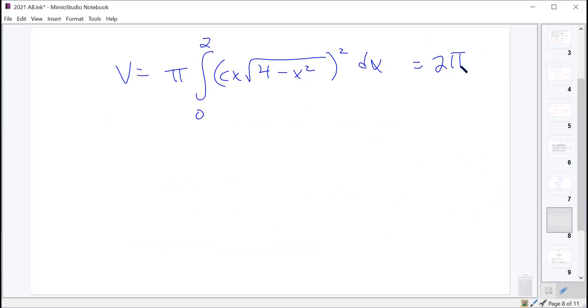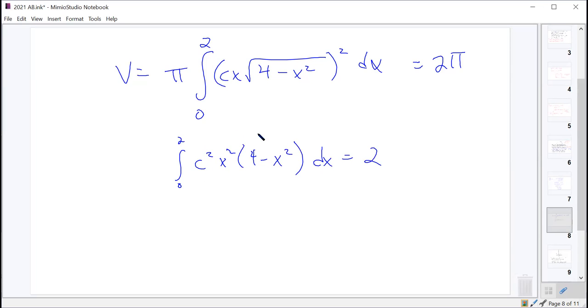First off, we can get rid of the pi's, right? We end up with the integral from 0 to 2 of, well, this becomes c squared x squared times (4 minus x squared) equals 2. And so we're just looking for the c value that makes that true.